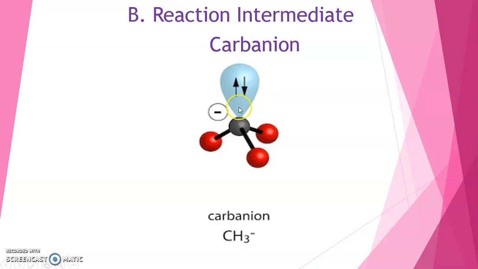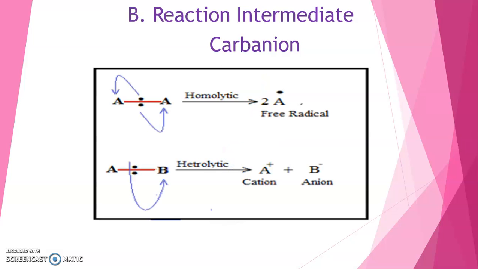Then again it contains a lone pair of electrons, donates this lone pair to a suitable acceptor and acts as a Lewis base. Then because of this negative charge, this carbanion gets attracted towards positively charged species and hence acts as a nucleophile, that is a nucleus loving reagent.